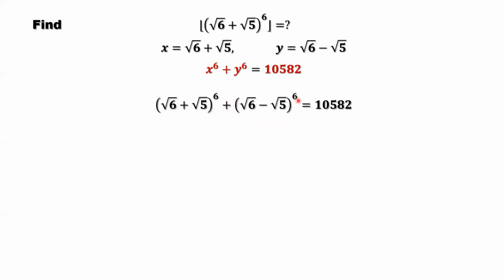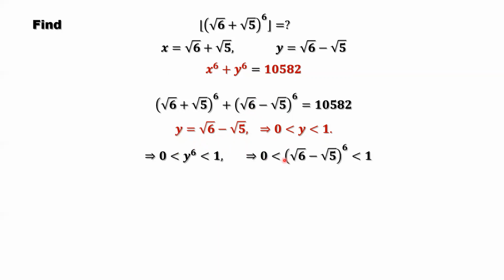We want to understand, to know the range of this number. So what is this? This is y. So y, right? Look at this structure. Square root of 6 minus square root of 5. Definitely this number is bigger than 0. And this number is also less than 1. So we take the power 6 on both sides of y.